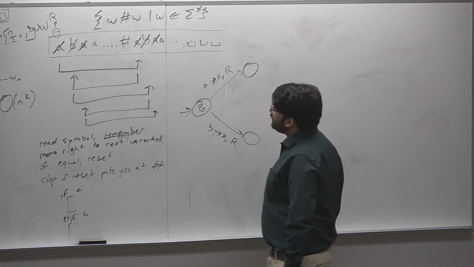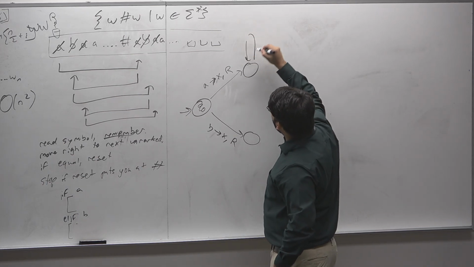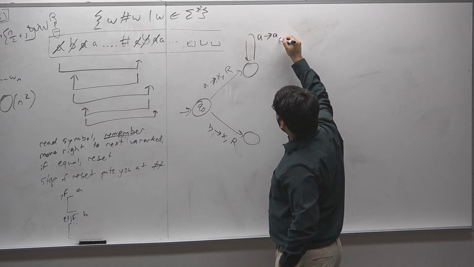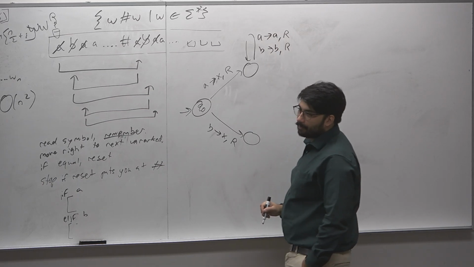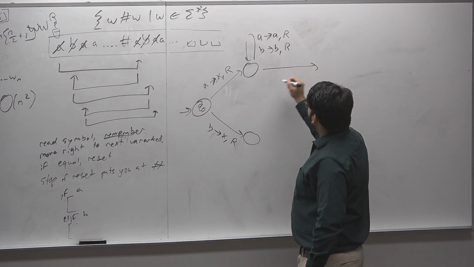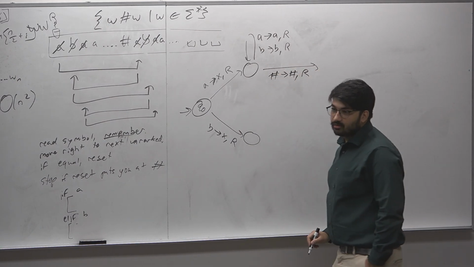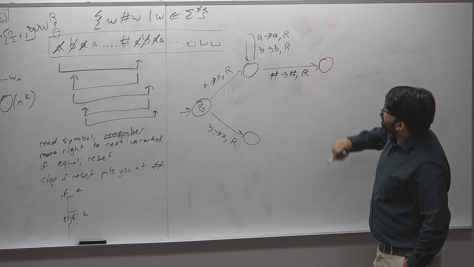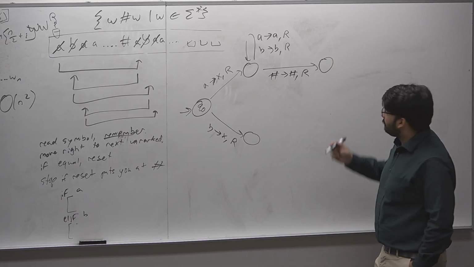First, if we're at the last unmarked symbol, we need to skip a bunch: if we read an A, we're gonna write an A and move right, and if we see a B, we're gonna write a B and move right, okay? Now we should see one hash. If you see the hash, just step over it and keep going right. And if we see any unmarked symbols, we need to just step over them.